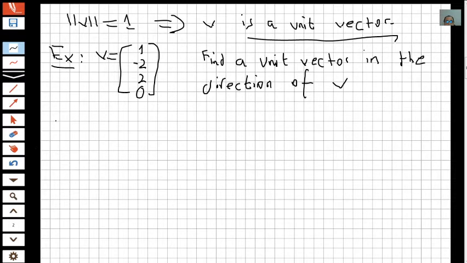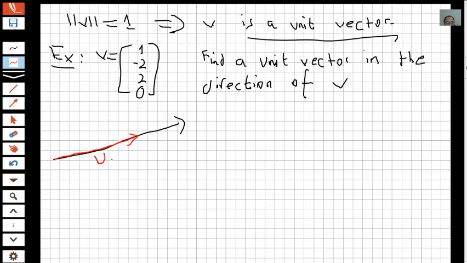Okay, we have a vector v geometrically. What are the components of a unit vector in the direction of v? We have the same direction, and let's call the unit vector which is in the same direction as v, u.